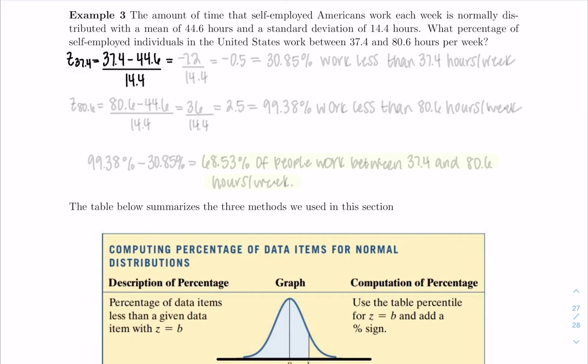And so on top we end up getting negative 7.2 all over 14.4. And this gives me negative 0.5. And so looking on the table, this gives me 30.85% who work less than 37.4.